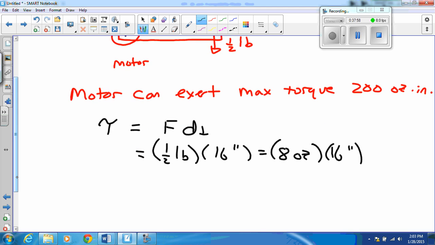And so now when I multiply these, what's 8 times 16? 128, that's right. 128 ounce-inches of torque. Can the motor handle this? Yes, its limit is 200. It can handle 128. Will it handle it well?